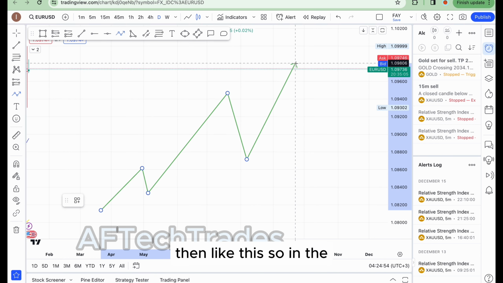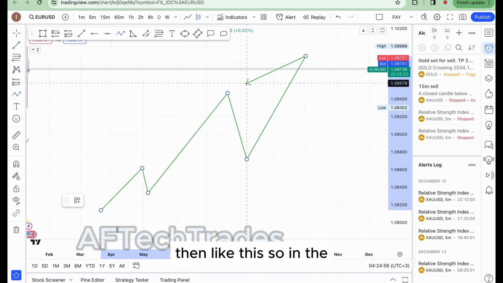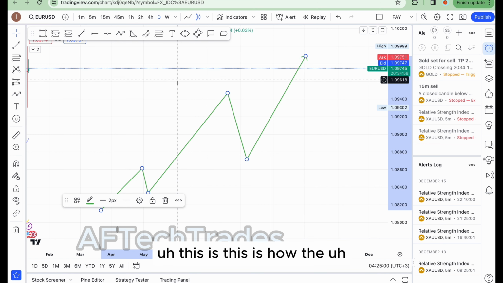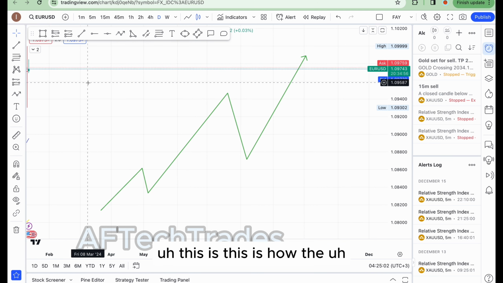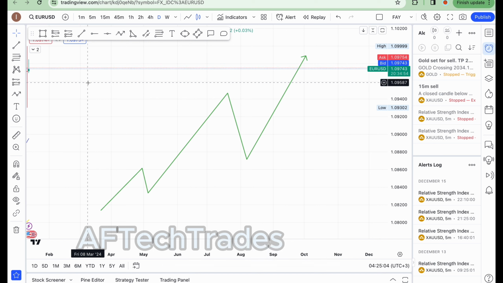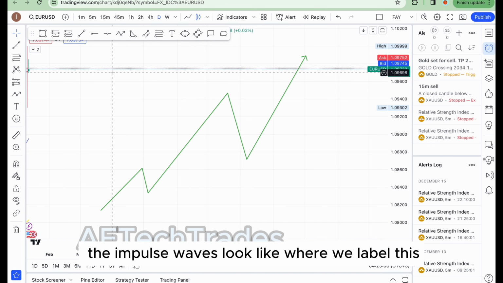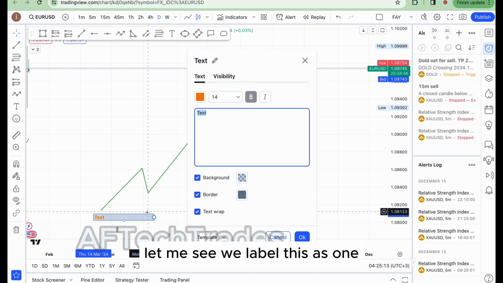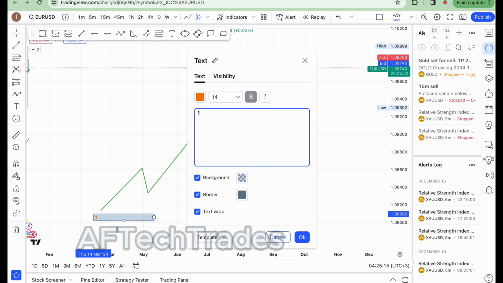And then like this. So this is how the impulse waves look like, where we label this.